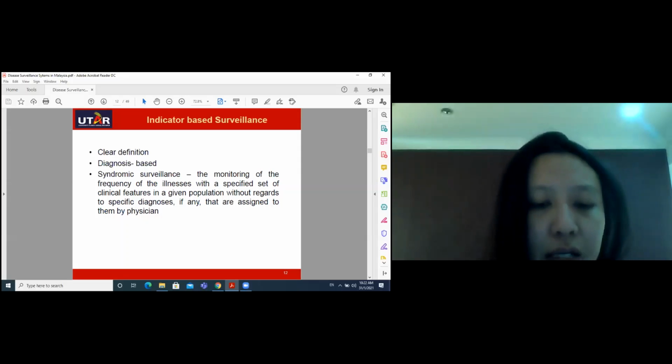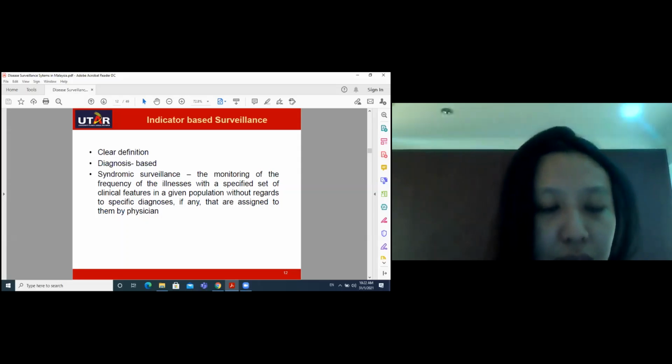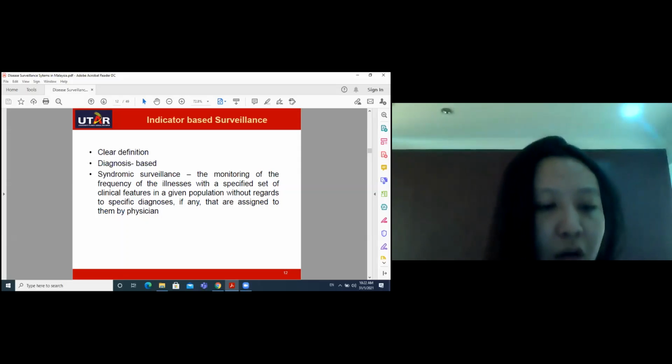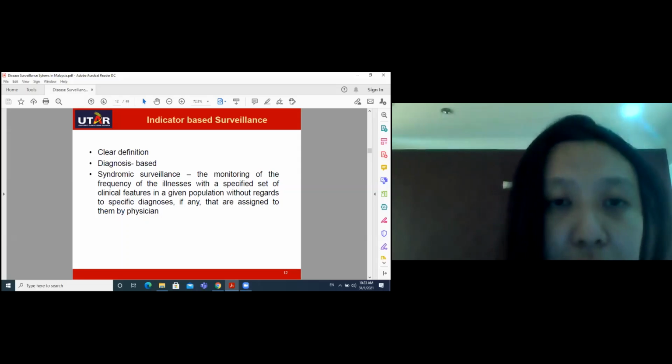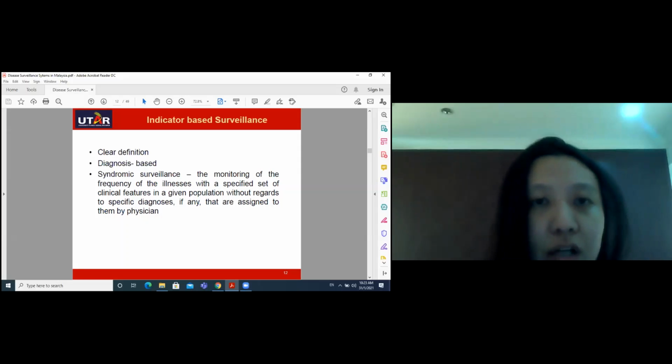Syndromic surveillance is very useful for rapid response to newly emerging diseases, for example the current COVID-19 pandemic. The common features have different stages that I will elaborate on later.